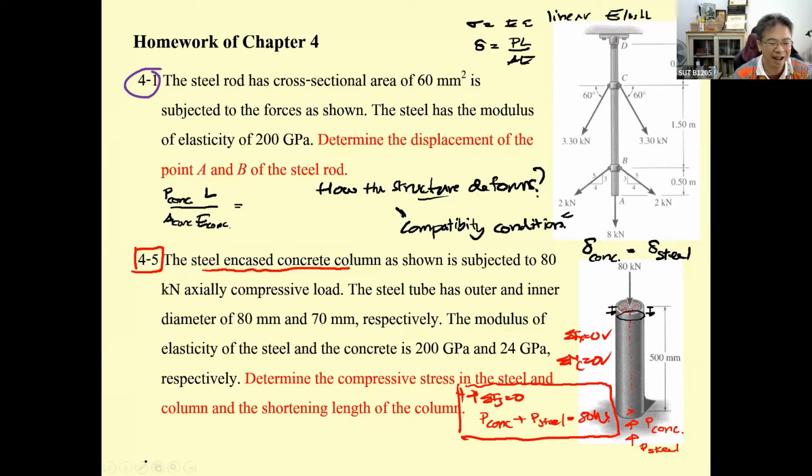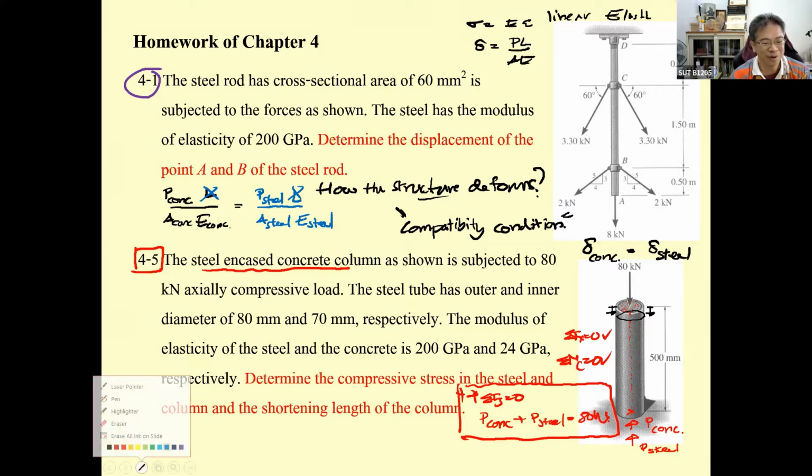And then that is going to be equal to P of the steel, L, divided by A of the steel and E of the steel. You got the new equation in which P of the concrete is going to be P.